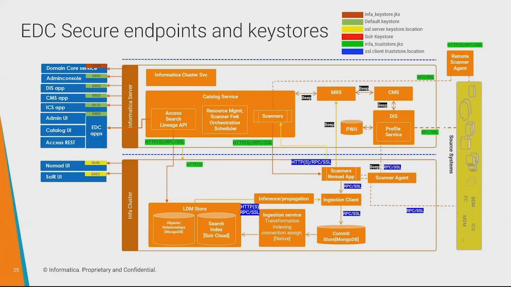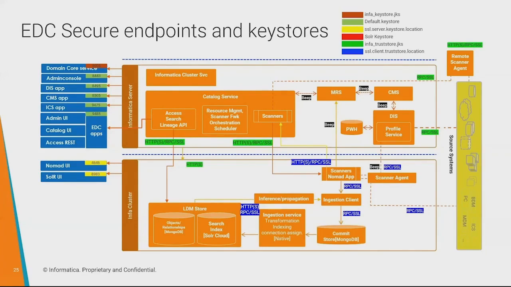On the left side, you can see the different application services from Informatica's perspective: domain core service, admin console, DIS application, which is used for profiling, CMS application, which handles reference data, ICS, which is your cluster service, and EDC applications like EDC admin UI, EDC catalog UI, or even the REST API calls, and how they are all routed through the Informatica catalog service or Informatica server.